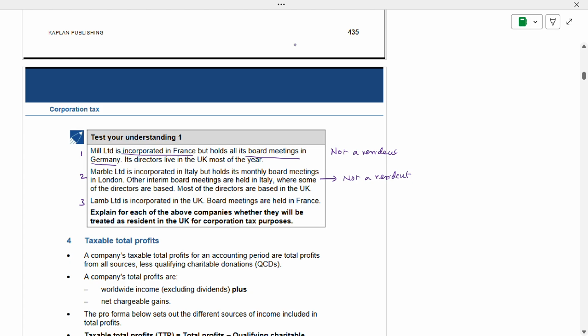The second one is not a resident. Is it agreed with you, Rajneen? One minute, sir, I'm just reading. Yes, sir. Not a resident. The second one.